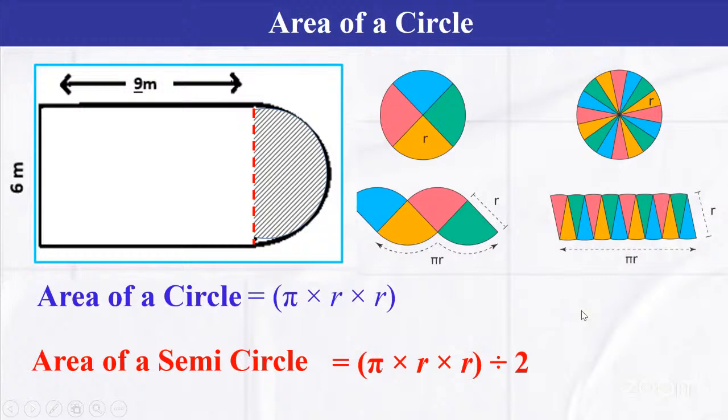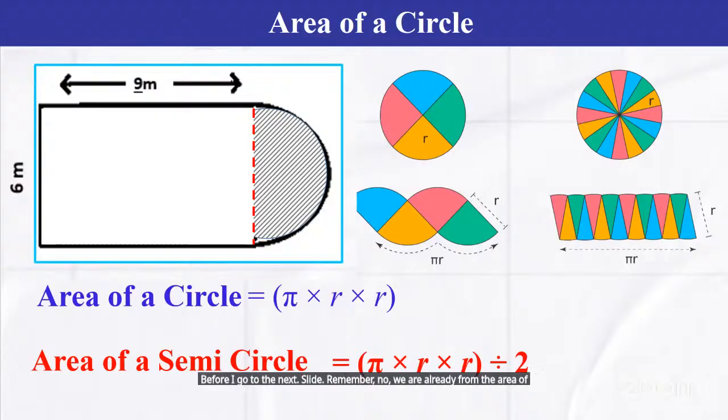Good? Let me give you 30 seconds to look at that again before I go to the next slide. Remember, we already found the area of the rectangular part. We now need to find the area of the curved part, which is a semicircle. So let's find the area of the semicircle.